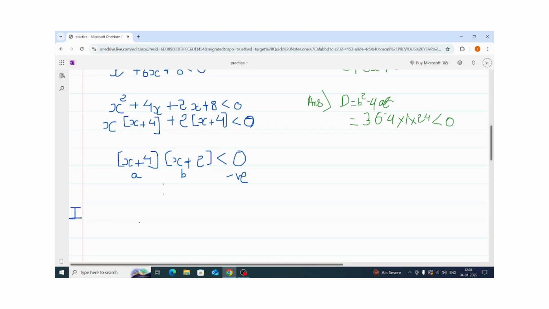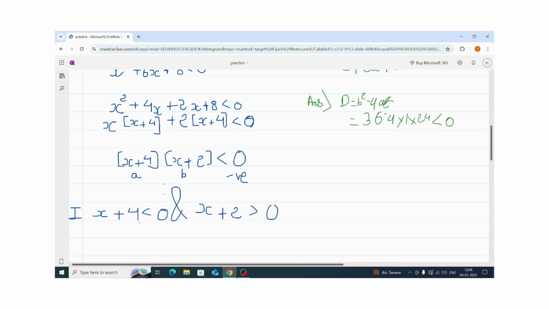Case number 1. Case 1 is when x plus 4 is less than 0 and x plus 2 is greater than 0.